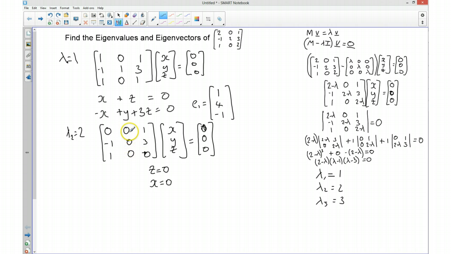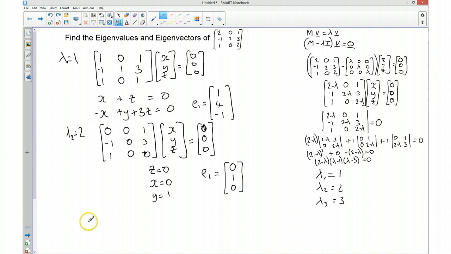So I'm just going to choose y to be 1. I can choose it to be anything. So my second eigenvector is going to be 0, and y is 1, and z is 0, so it's going to be 0, 1, 0.